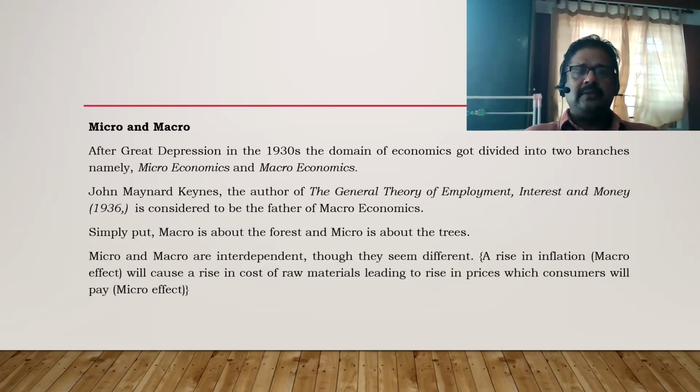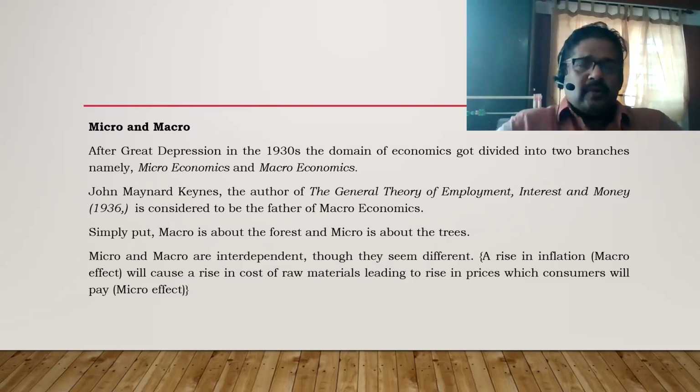Now, what is the Great Depression of the 1930s, and why did economics get divided into two branches, namely microeconomics and macroeconomics? It was after the Great Depression of the 1930s that economics got divided.